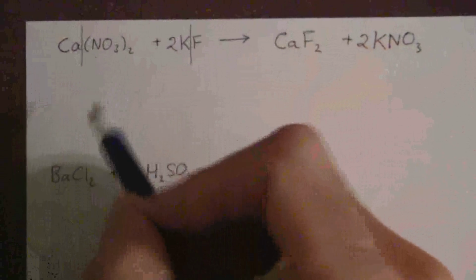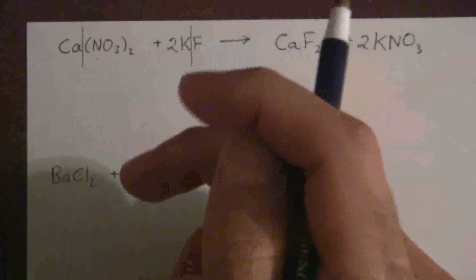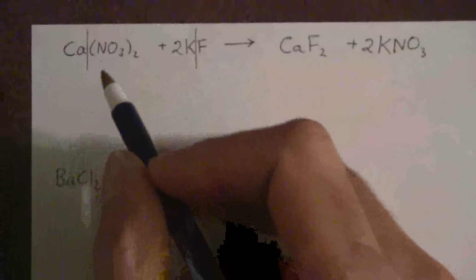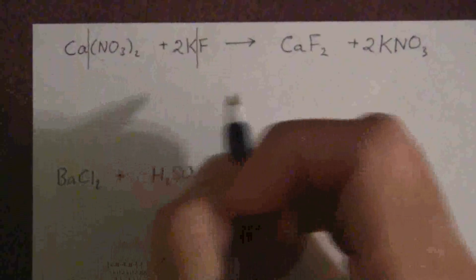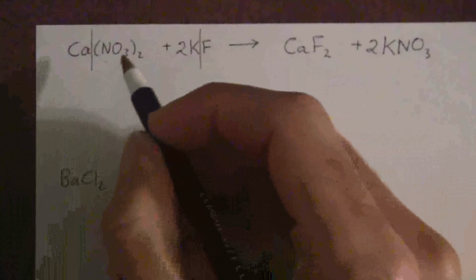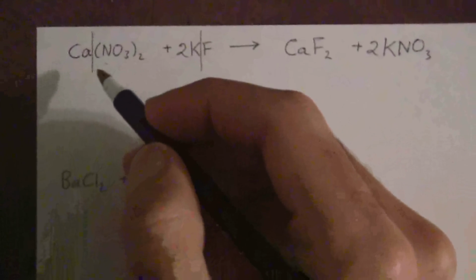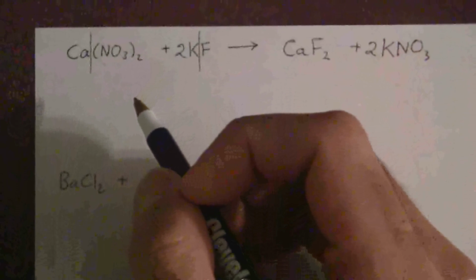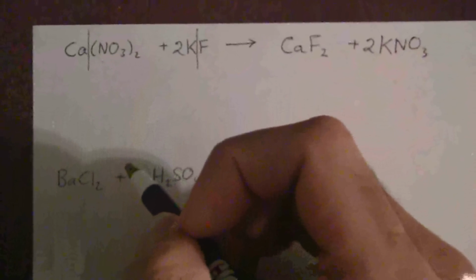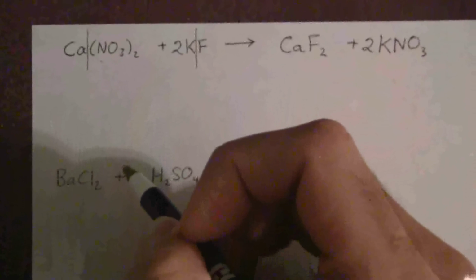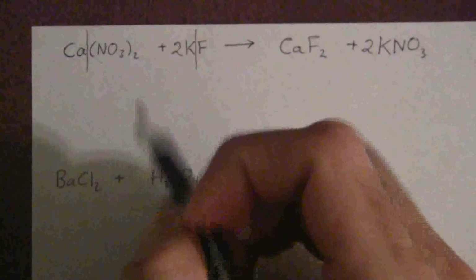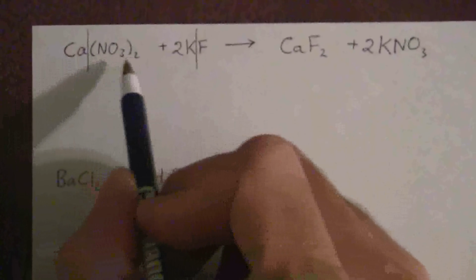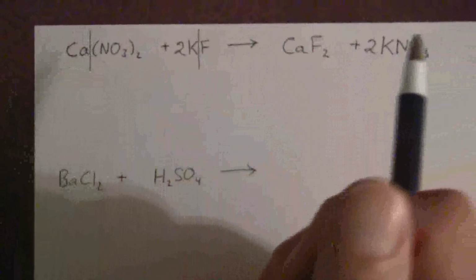Okay, and so there are some general rules that we can reference in determining whether different compounds will be soluble or not. And depending on your textbook, you may have slightly different rules because they're not hard and fast rules, but there are some general guidelines, such as all compounds containing nitrate ions are soluble.